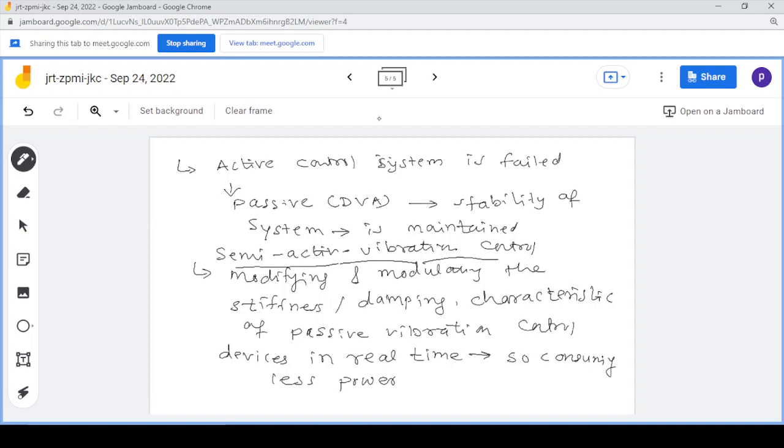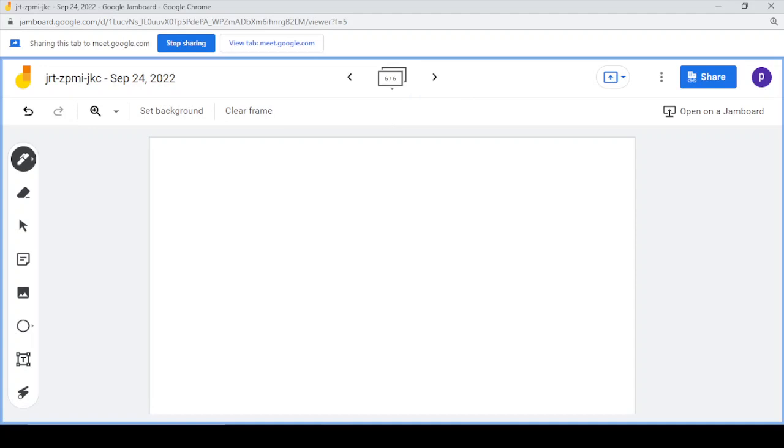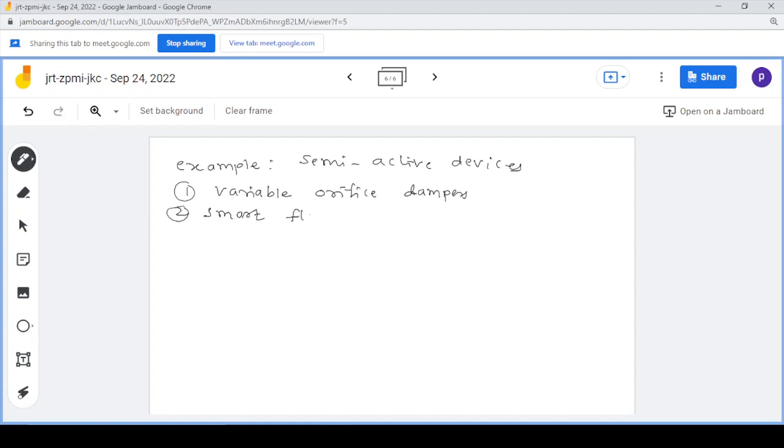So let us take an example of this. The examples of semi-active devices: the first is variable orifice dampers. Second, smart fluid dampers.